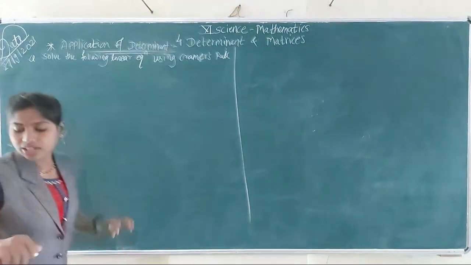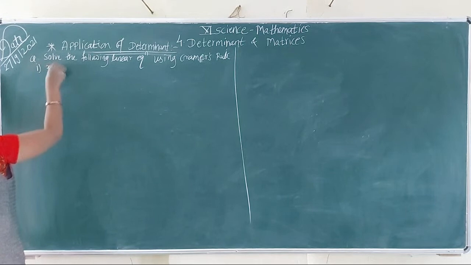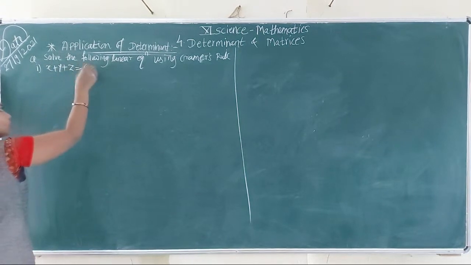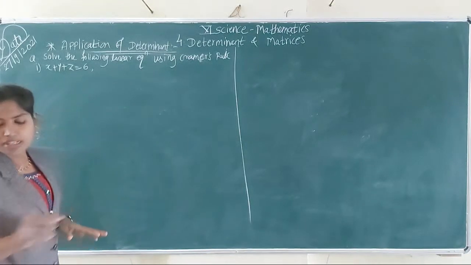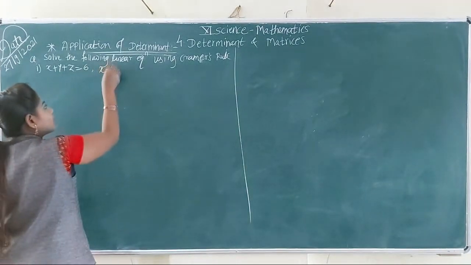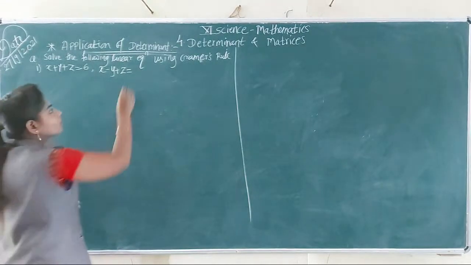That is, the first linear equation is x plus y plus z is equal to 6. The second linear equation is x minus y plus z, which is equal to 2.